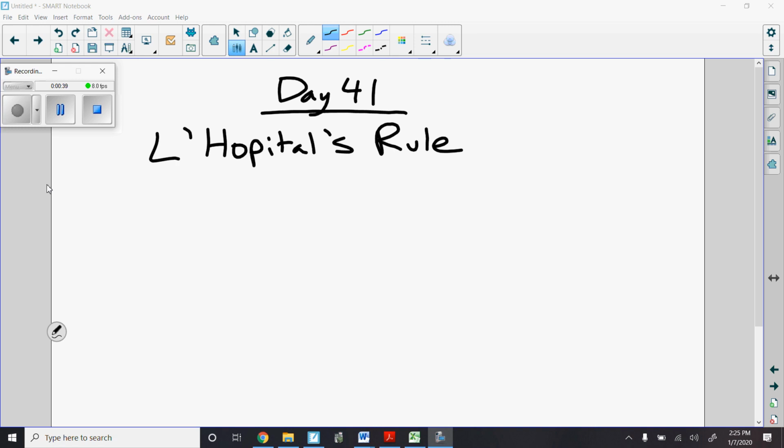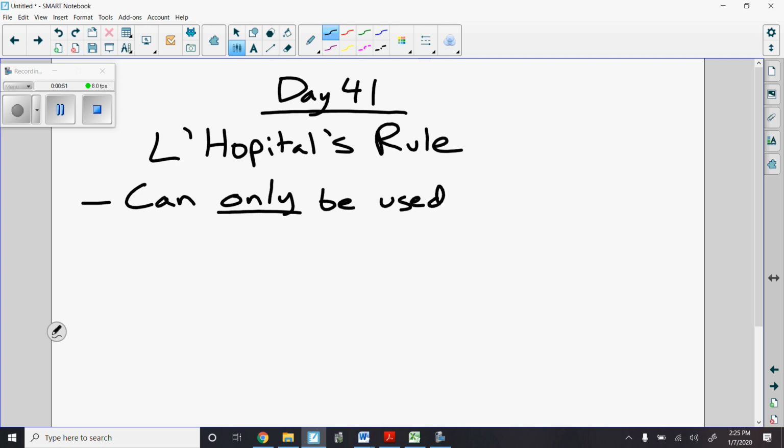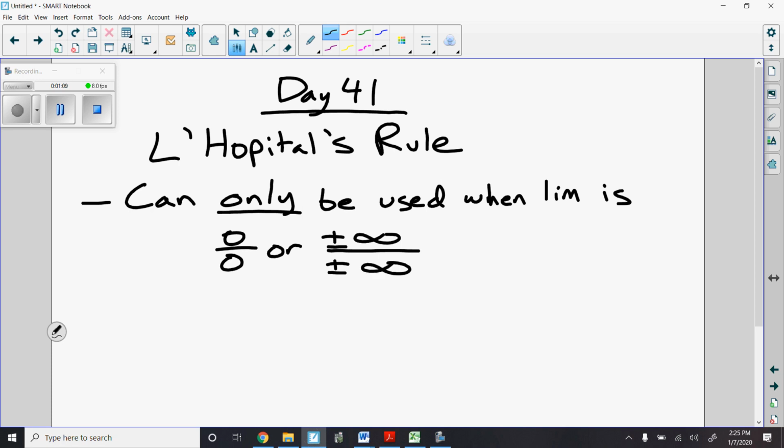Indeterminate form would be 0 over 0 or plus or minus infinity over plus or minus infinity. Okay, so that's the first thing to keep in mind.